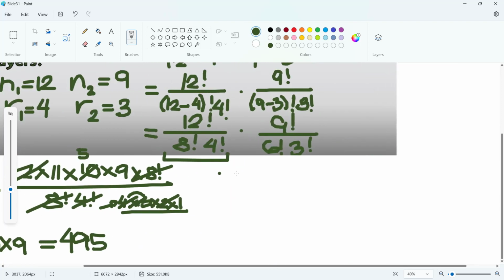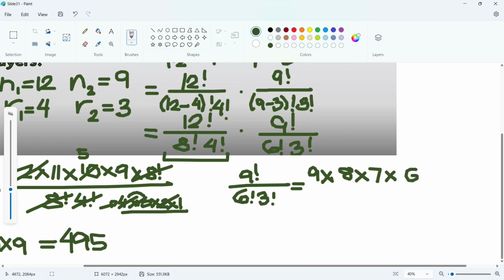So let's have 9 factorial over 6 factorial times 3 factorial. The same thing as earlier, I can write 9 factorial as 9 times 8 times 7. I could stop at 6 factorial because my denominator has 6 factorial here times 3 factorial, so I could cancel that.